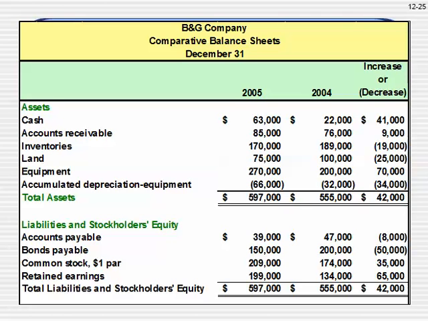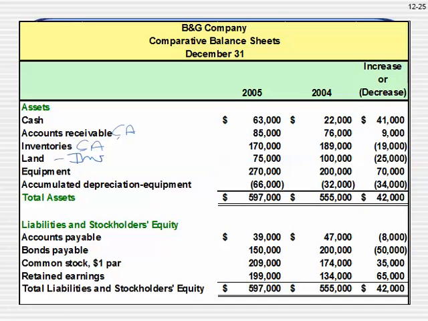We also should be figuring out what current assets and current liabilities we have. So this one, remember, accounts receivable is a current asset, inventories is a current asset. Now land is a long-term asset, so that's going to be in our investing section.